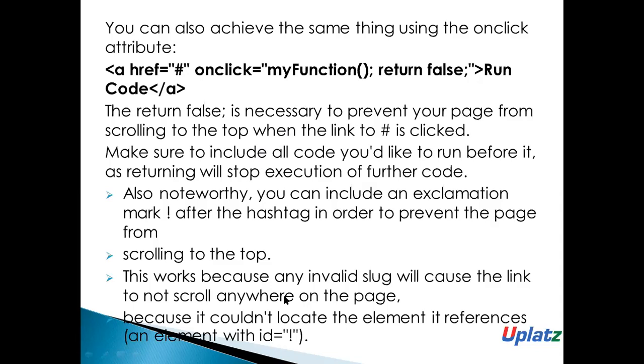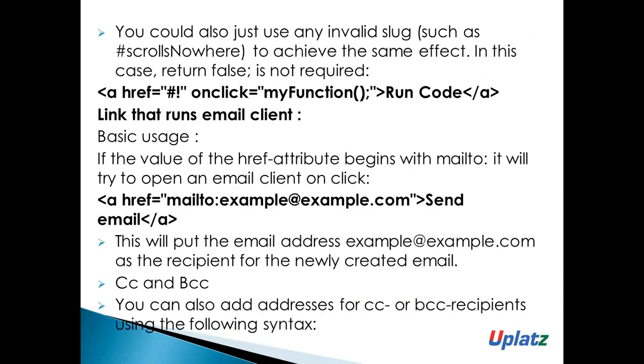This will work because any invalid ID will cause the link not to scroll anywhere on the page, since it cannot locate an element with that ID. So you could just use a scroll to achieve the same effect, and it is not required.